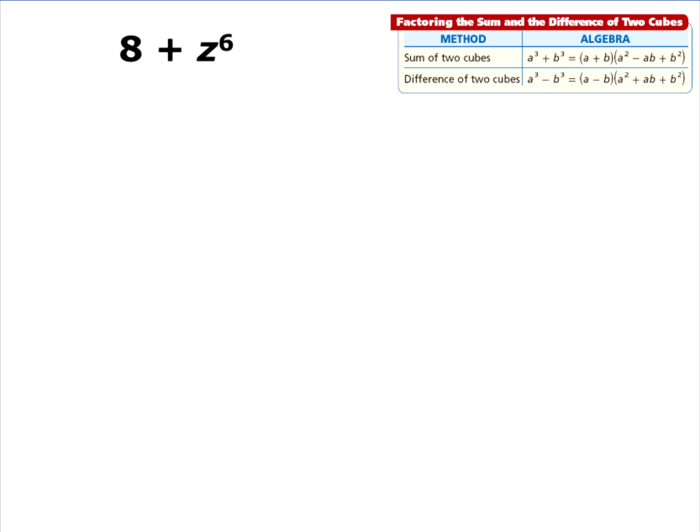So at this point you should go ahead and try this problem on your own. So pause the video, try the problem. Okay, if you are done, we should have something to the power of 3 plus something else to the power of 3, and see what we can come up with. So we have 2 to the power of 3 is 8, and z to the power of 2 all to the power of 3 would be z to the 6th by using properties of exponents. So now this is our a and that's our b.